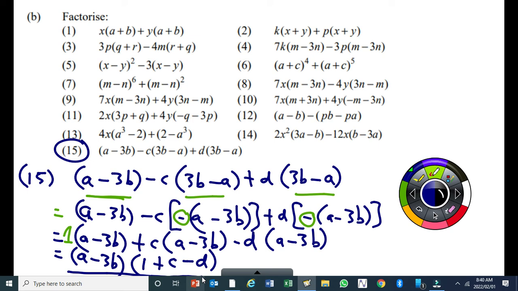Now, what happens if you had decided to change a minus 3b to 3b minus a? So let's do it again using method 2. You can call this one method 1. Any question? Okay, let me move quickly. Yes, this is the one.